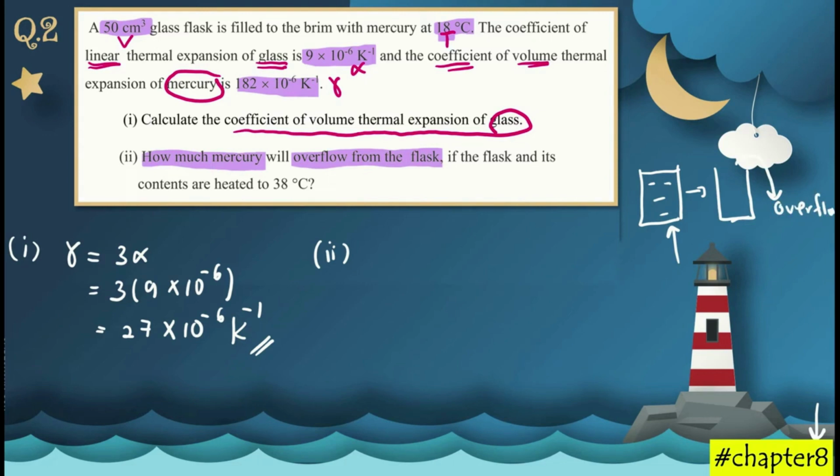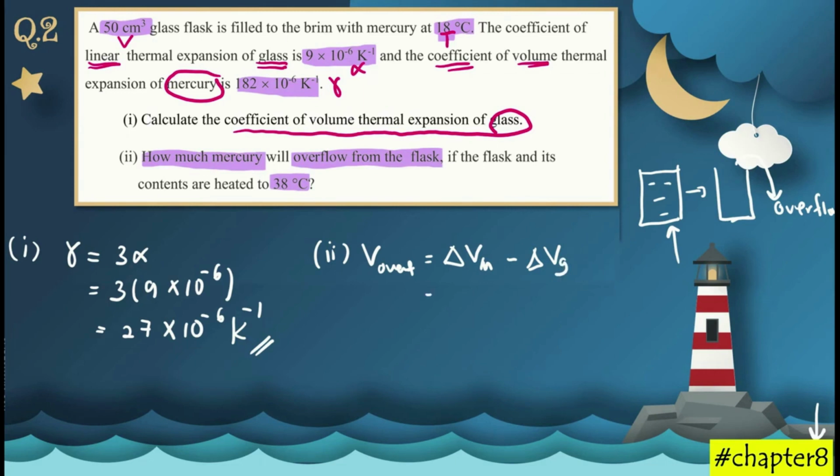So to find how much the mercury overflows from the flask, if the flask and its contents are heated to 38 degrees Celsius, we need to use the formula: liquid overflow is equal to change in volume for liquid, or in this case mercury, minus change in volume for container, or in this case glass.